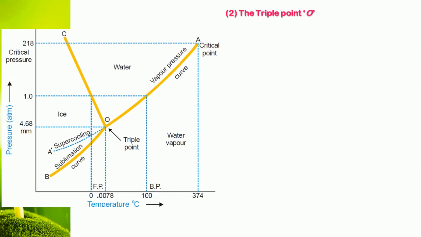Okay, now let's move on to the triple point. You know that at the triple point, three phases coexist in dynamic equilibrium. At this point, there is liquid water, there is solid ice, and there is also water vapor. So three phases coexist at one point, and the component is 1.